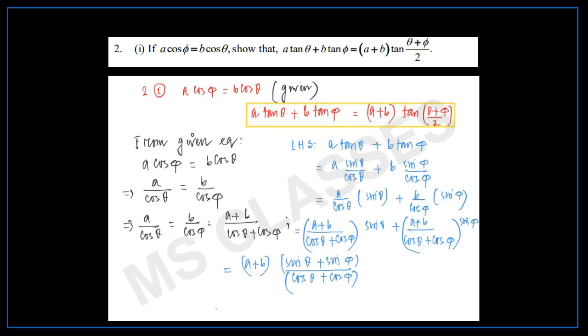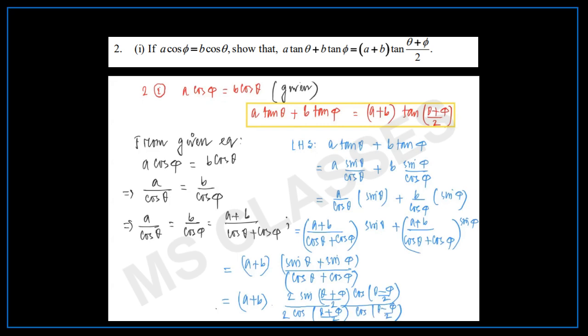So what we get here is A plus B into 2 sin (theta plus phi) by 2 into cos (theta minus phi) by 2, whole divided by 2 cos (theta plus phi) by 2 into cos (theta minus phi) by 2.